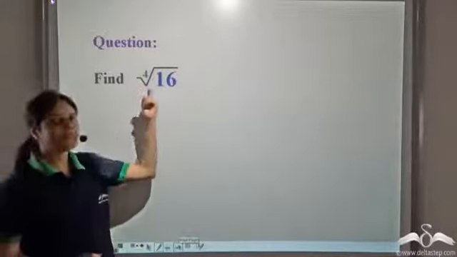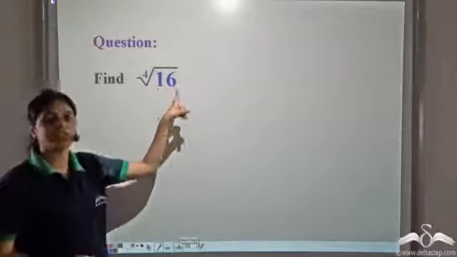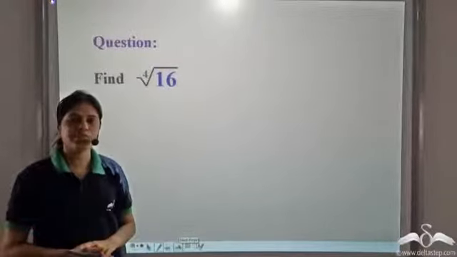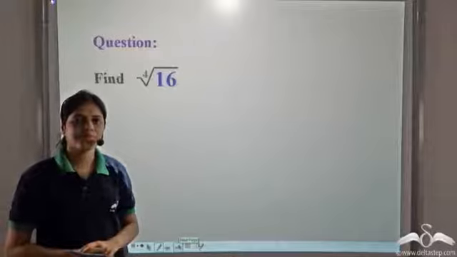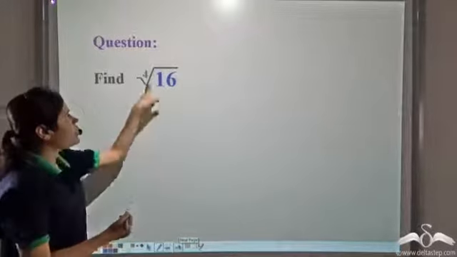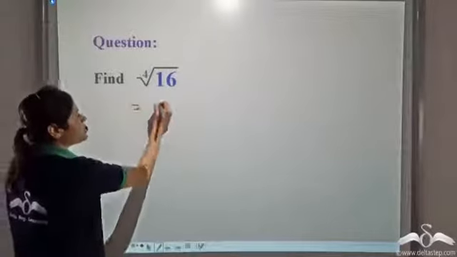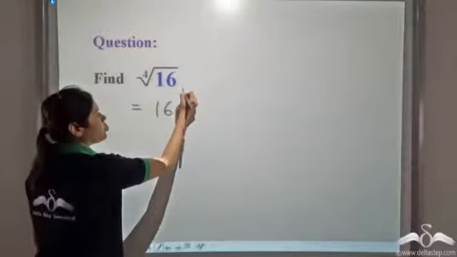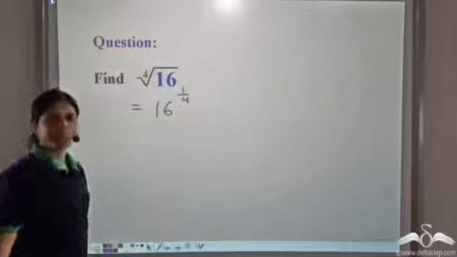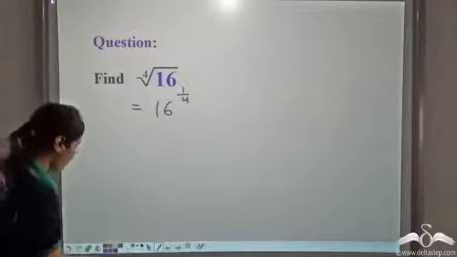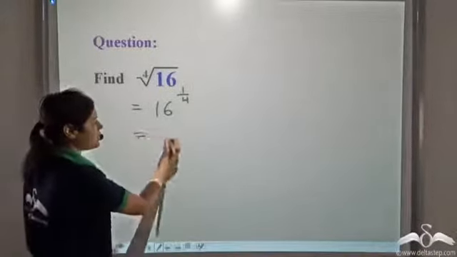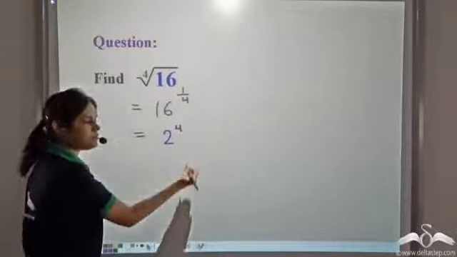So now, can you find the fourth root of 16 using the laws of exponents? Well, the fourth root of 16 can be written as 16 to the power 1 by 4. We know that 16 is 2 to the power 4.